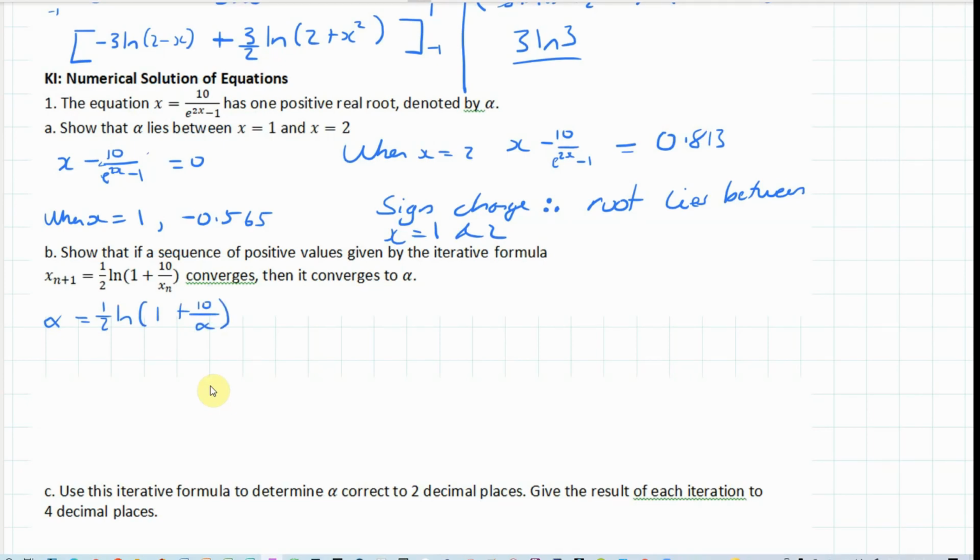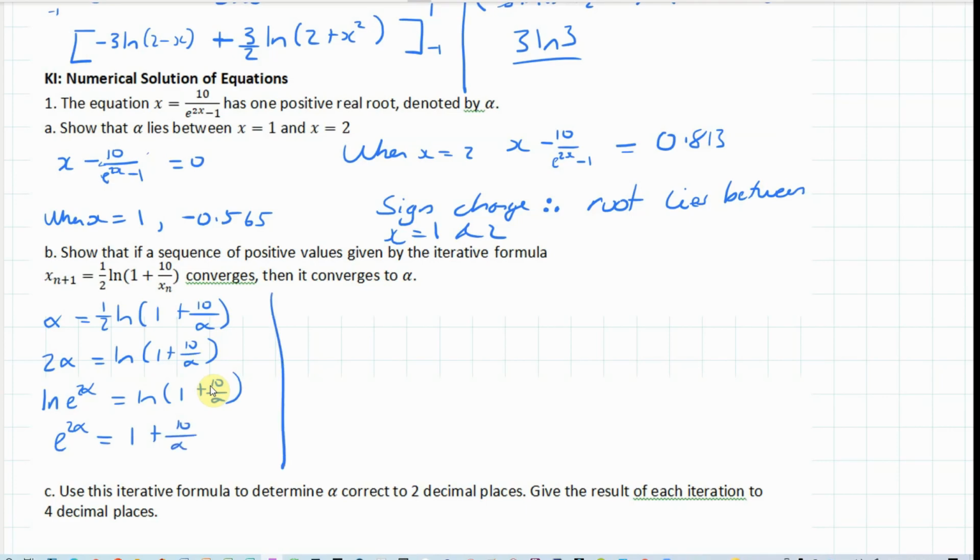And what am I going to do? I'm going to multiply both sides by 2. Then I'm going to make both sides in terms of ln, so that's 2 alpha. Now I can get rid of the ln's. e to the 2 alpha equals 1 plus 10 over alpha.